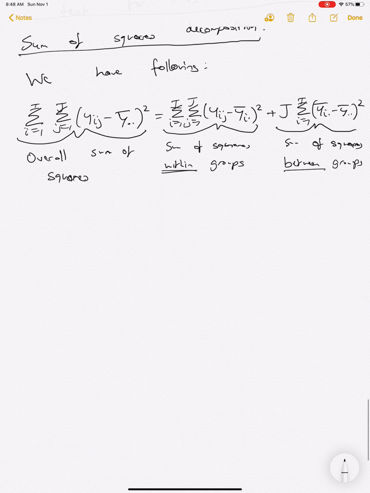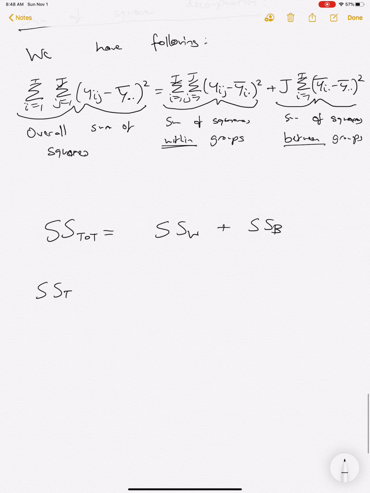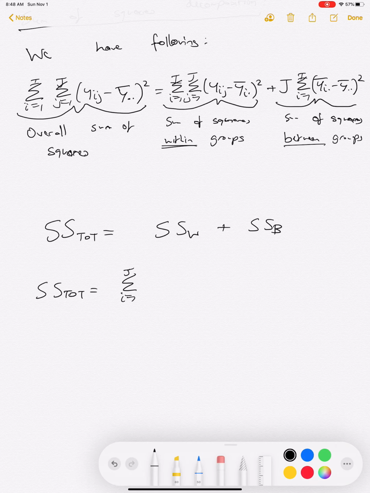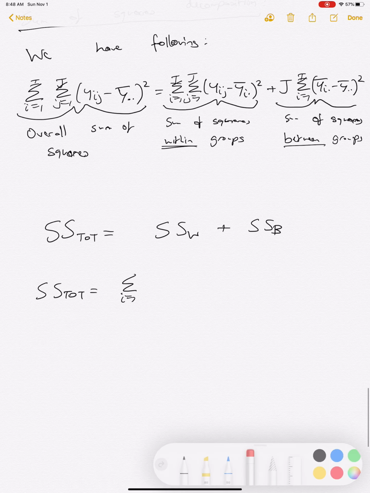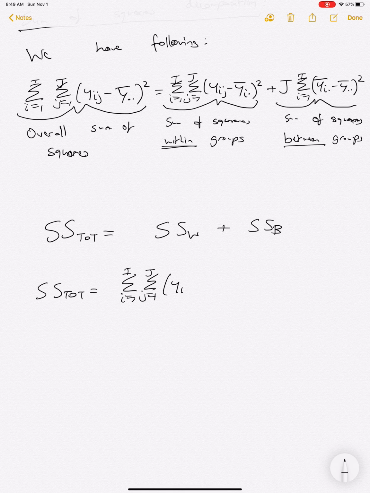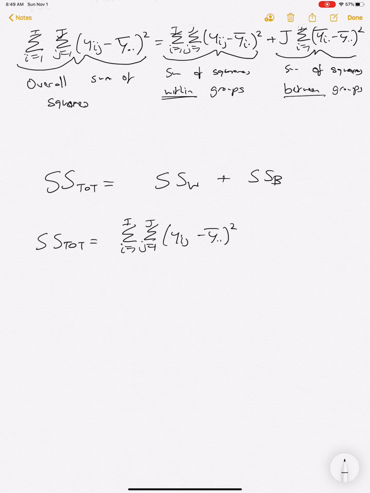Okay, so another way to write it out in short form is we have the SS total is equal to the sum of squares within plus sum of squares between, where we have that SS total is the... So note here that these are all just statistics.